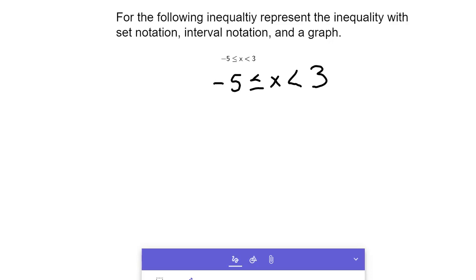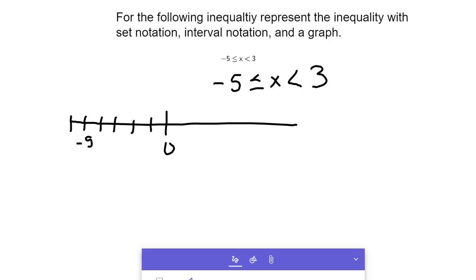All right, so for our number line, again, here's 0, 1, 2, 3, 4, 5. I'm going to go a little bit further. So there's negative 5, 1, 2, 3, 4, 5. There's positive 5. And we would include the negative 5 because it's equal to.